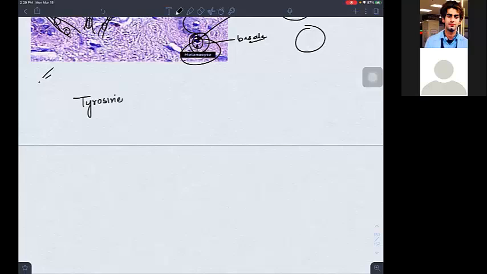So you have tyrosine. You are starting your melanin synthesis from tyrosine. Tyrosine will be acted upon by the enzyme tyrosinase, and you will form dopa, then dopaquinone.